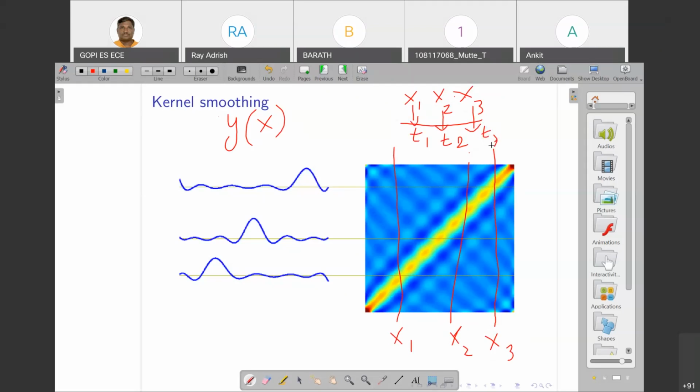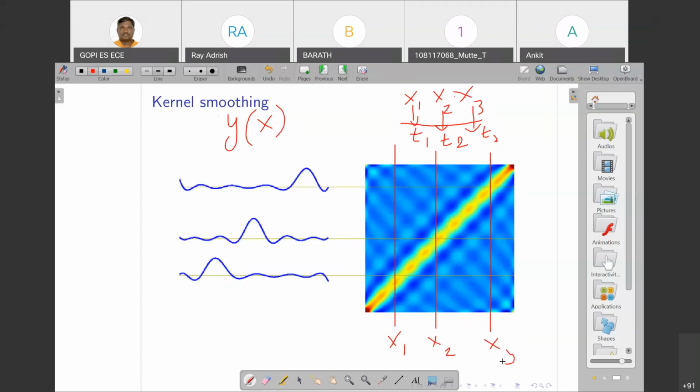So now, let us say this is x1, somewhere here x2, and this is x3. They are all the training data now.